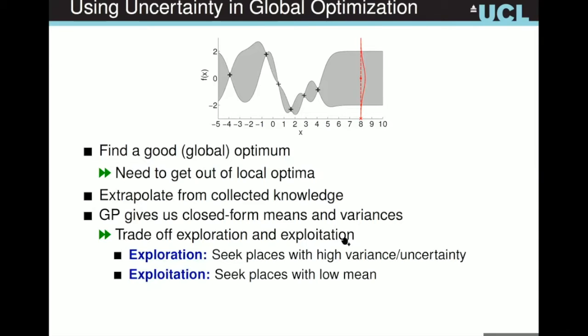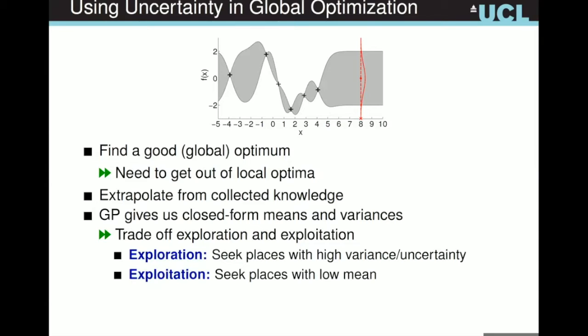But we can also exploit what we already know. If we are interested in minimizing our true objective function that we have evaluated at a few points, then the posterior mean is an indicator of where we can look. If we look at places with low posterior mean, then we can exploit that knowledge. Ignoring all the uncertainty that comes with the Gaussian process, if we just look at the mean, we can exploit the knowledge of places where the mean is low, so it's an indicator where the true function is also low.